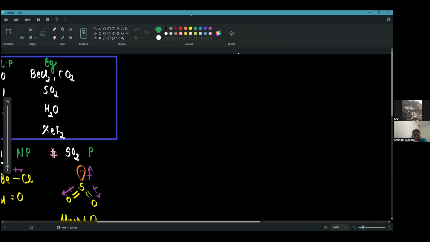So this was the first table that we did. Now the second table, if you recollect, was the 3-0 one. Let me write it here. Sigma, lone pair, then example.